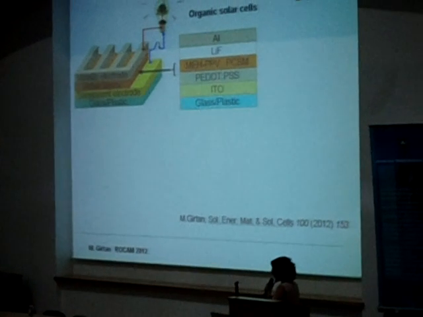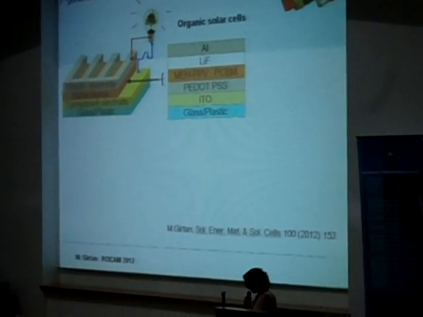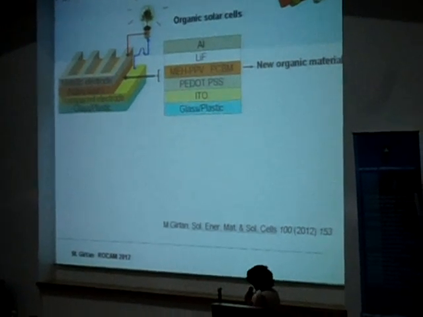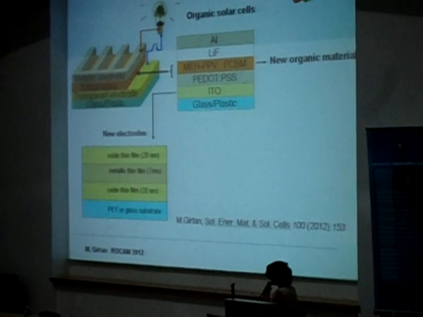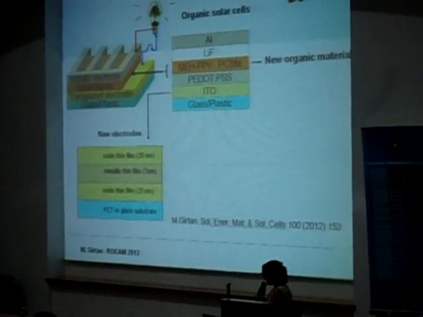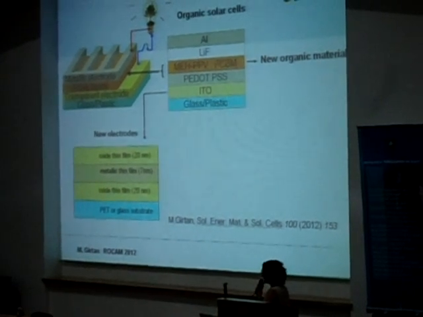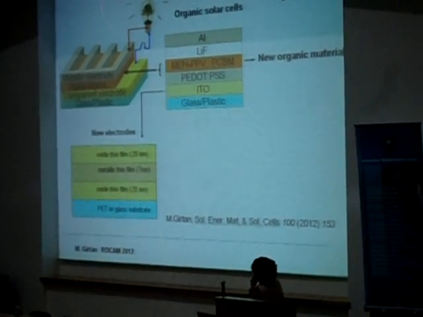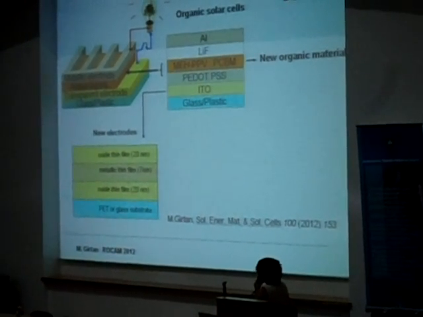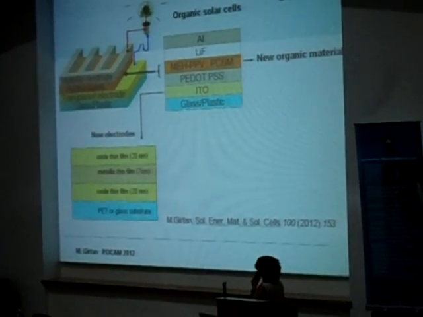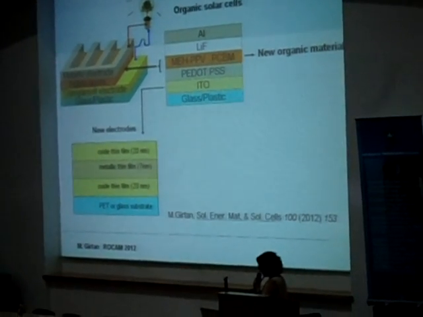So the trend in this part of research is to find new active materials, and also to replace ITO, which is a quite expensive material. So new electrodes are composed of 3 layers, which could replace ITO very successfully. It's a layer of oxide thin film, a metallic layer, and another layer of oxide films.